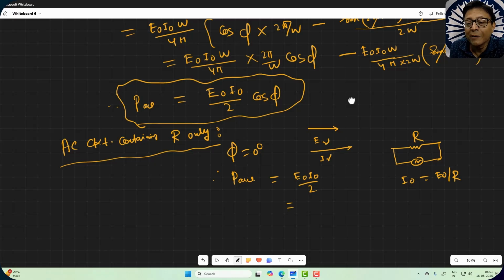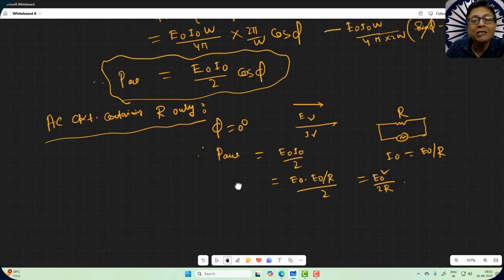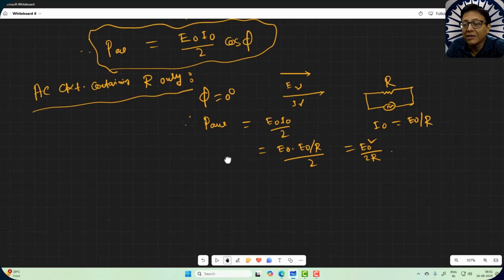So put this value E0 by R divided by 2. So the value is E0 square by 2R. This is average power in AC circuit containing resistor only.